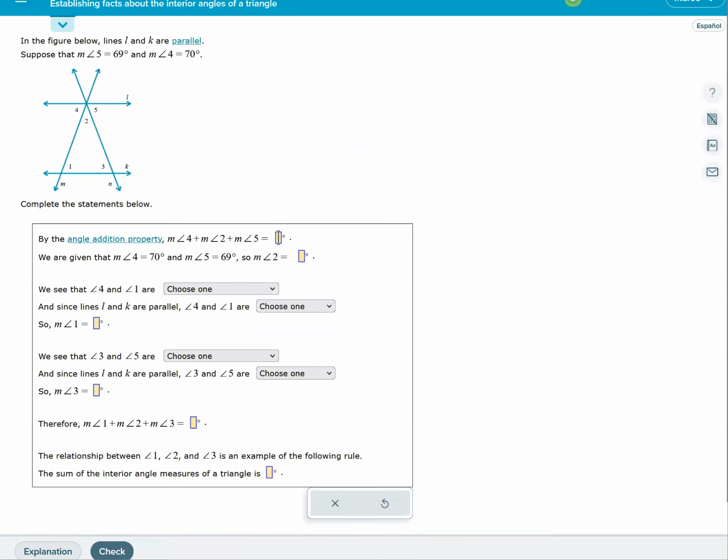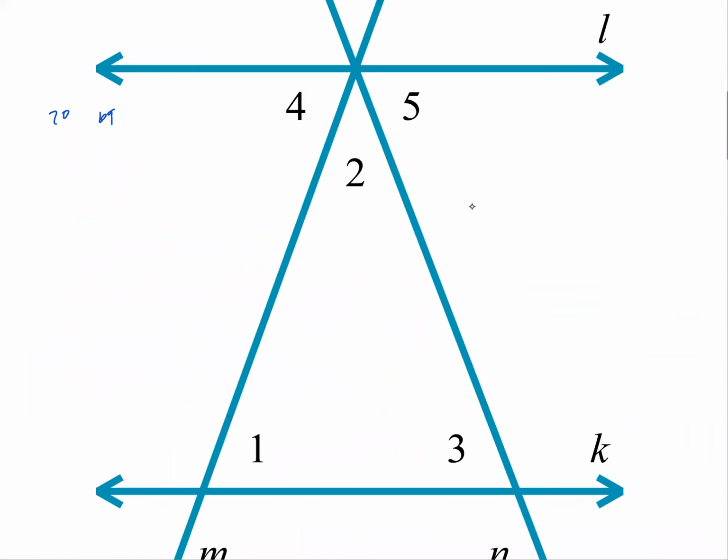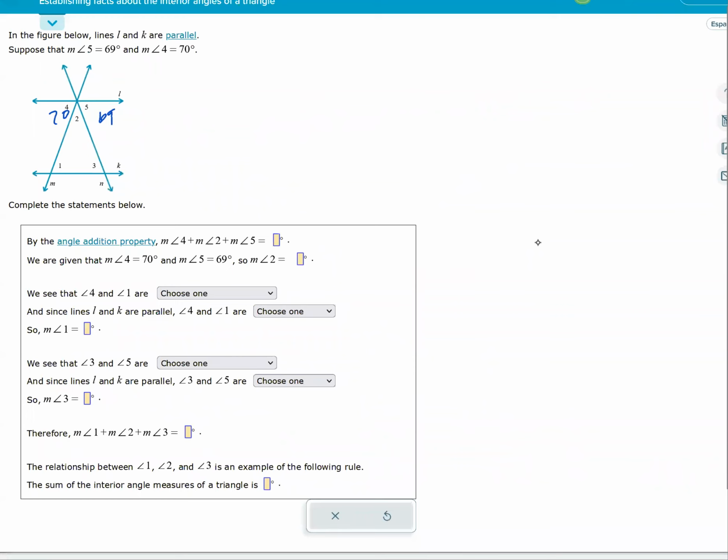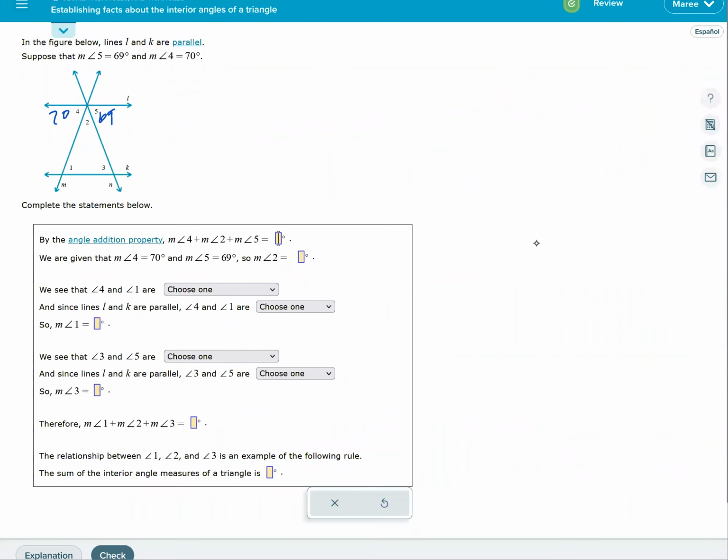Let's do another one. They give us measure angle 5 is 69 degrees and 4 is 70 degrees. So we have 69 here and 70 here. By the angle addition property, measure angle 4 plus 2 plus 5 is going to equal 180 degrees.